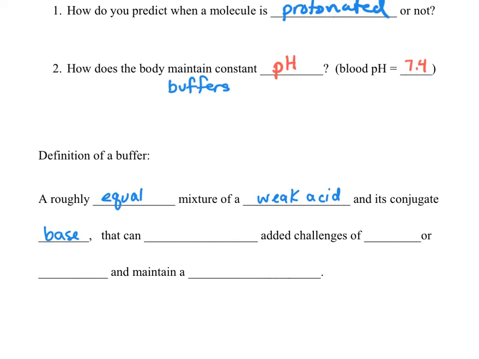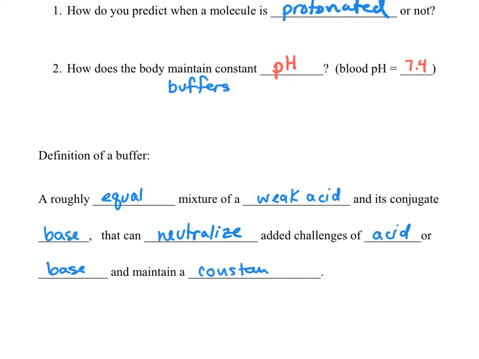That's the first half. A roughly equal mixture of a weak acid and its conjugate base that can neutralize added challenges of acid or base and maintain a constant pH.